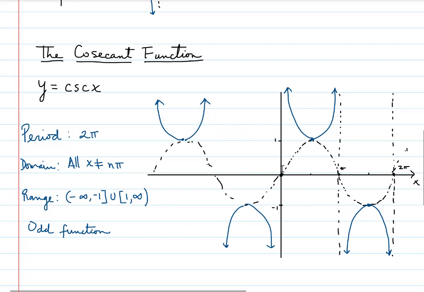So it's everything except this middle section here where the sine is. So that's why we have two intervals, the union of two intervals here. Negative infinity to negative 1 up to this point, union 1 to positive infinity. Also, just like the sine function, this is an odd function. The cosecant function is odd, since it's symmetric about the origin here. You can confirm that with the graph.